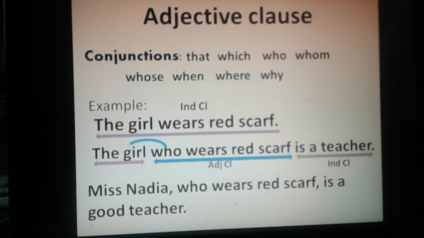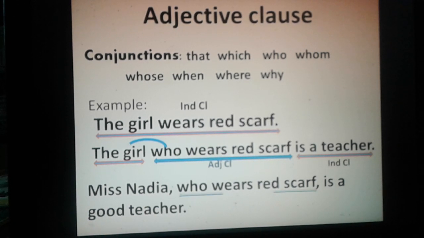For example, if I say Miss Nadia is a good teacher, here we have a complete sentence. But an adjective clause comes just to modify and give us extra information. Who wears a red scarf is an adjective clause. Miss Nadia is a good teacher is an independent clause. We'll see more examples to understand.